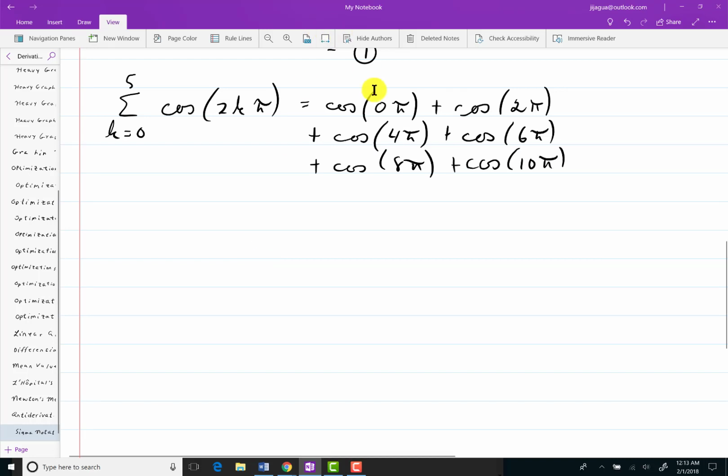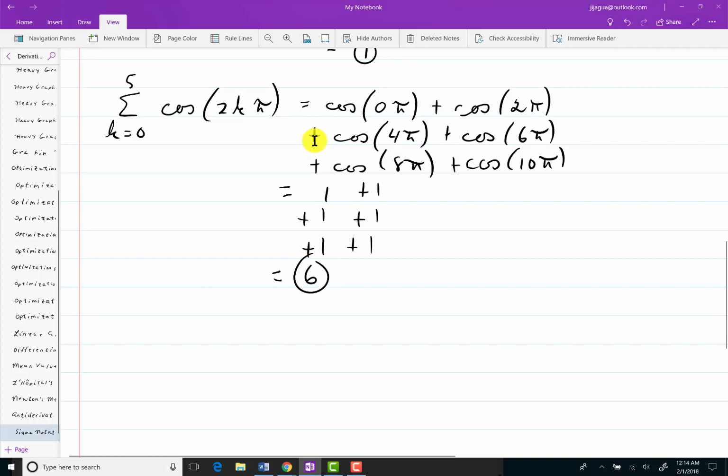And for even multiples of pi, cosine is 1, so I'll have 1 plus 1 plus 1 plus 1 plus 1 plus 1 for a total of 6.